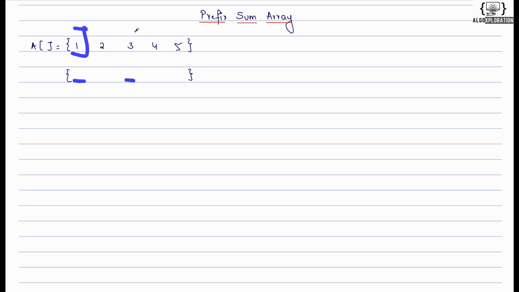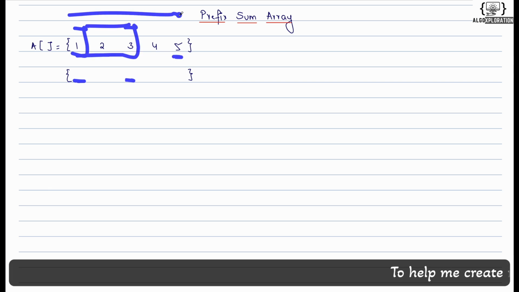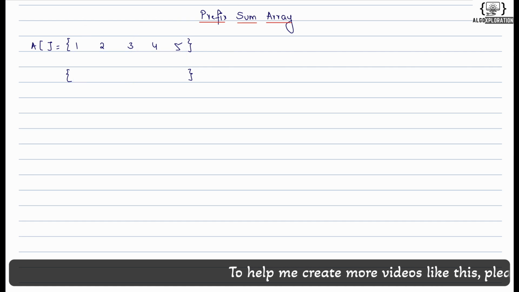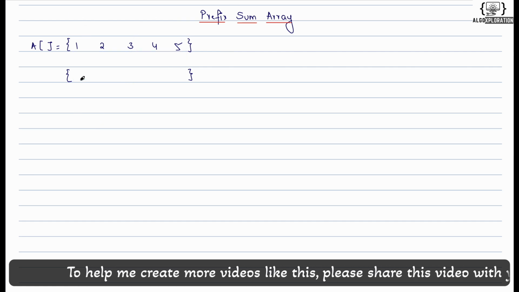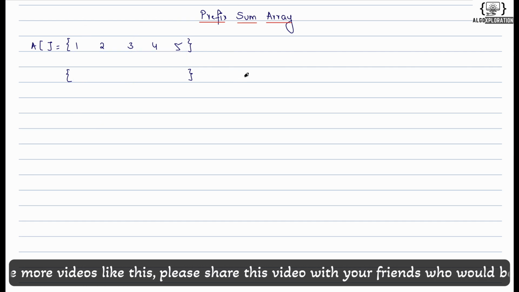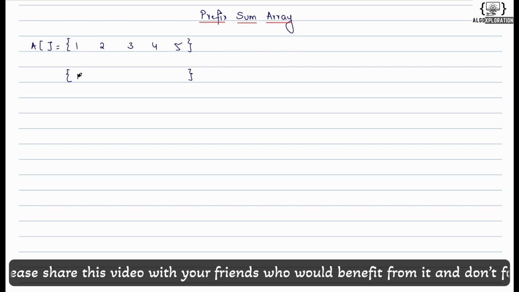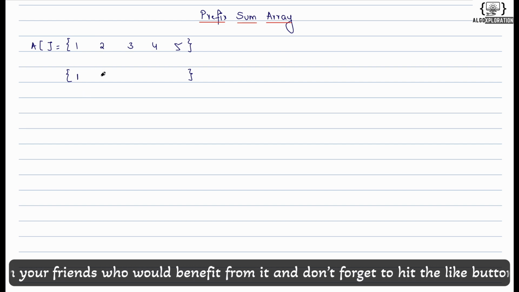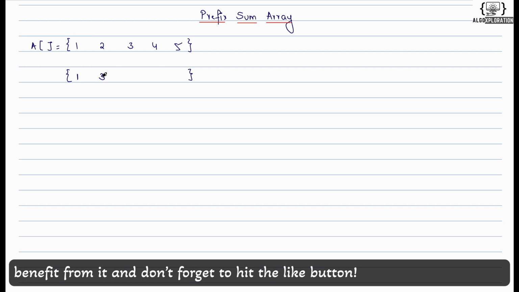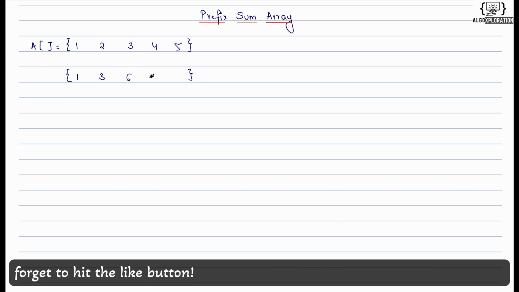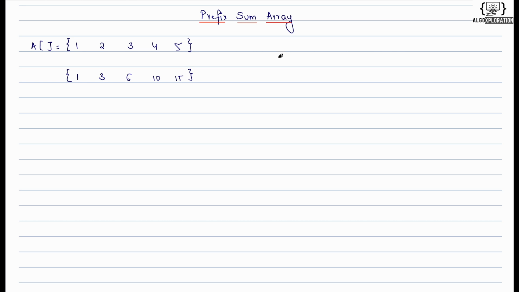If I talk about this place, the sum is nothing but the sum till this point, and so on. So we can simply use multiple for loops. At this place it will be 3, then 6, then 10, and then 15.